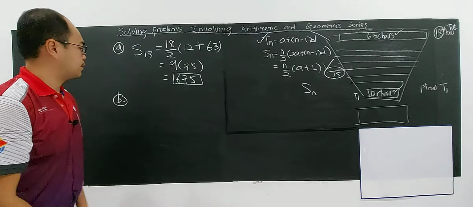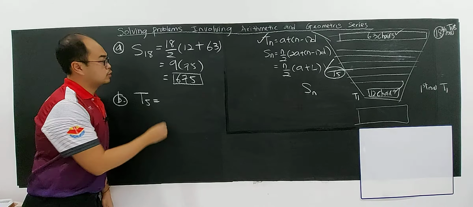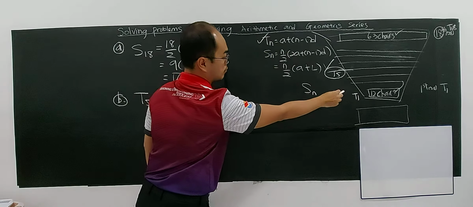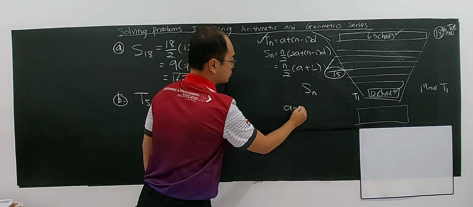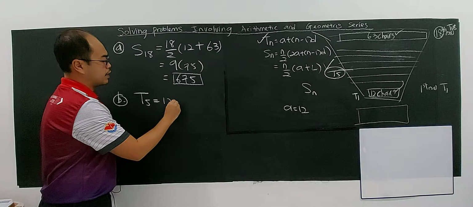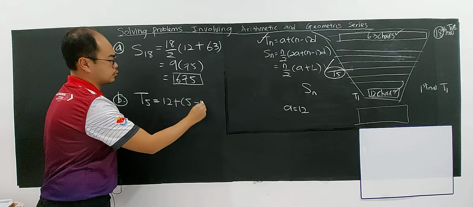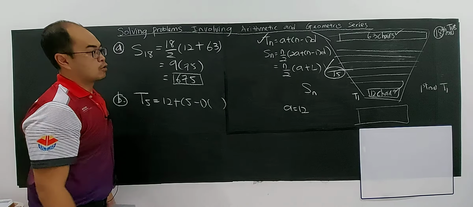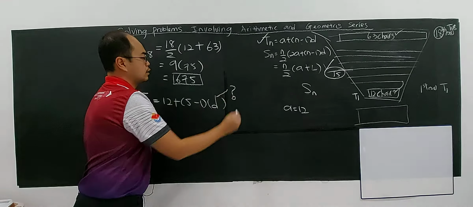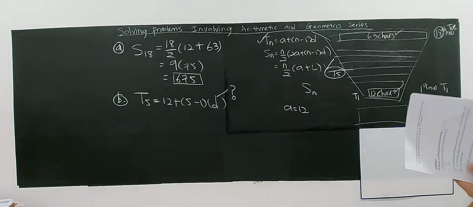The first term a is 12, so you have 12 plus n minus 1, the fifth minus 1, times the common difference. But here you don't know the common difference.